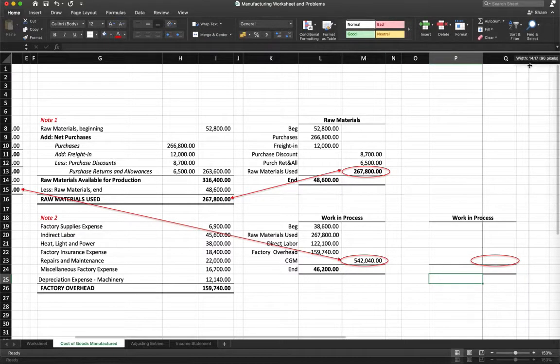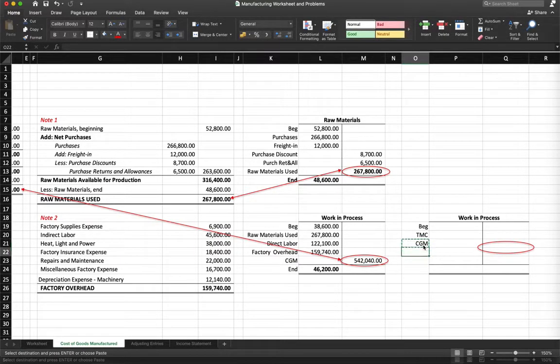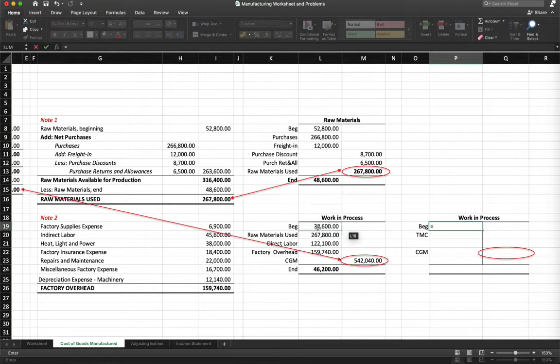Work in process beginning plus total manufacturing cost. Kung given sa problem, kahit hindi mo na isa-isa yan, less cost of goods manufactured is equal to beginning balance work in process plus total manufacturing cost, yung total ng tatlo, kunin natin dito.